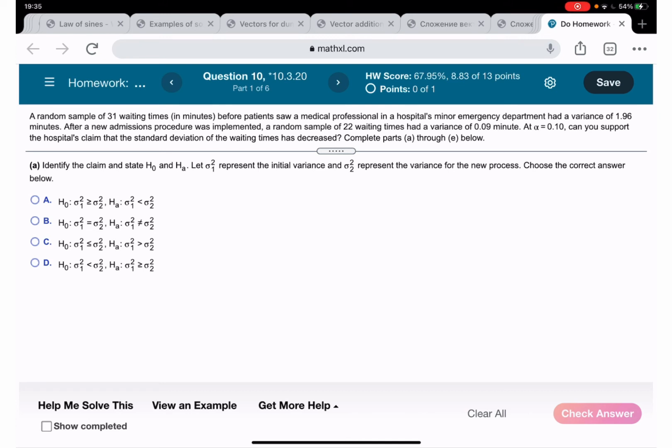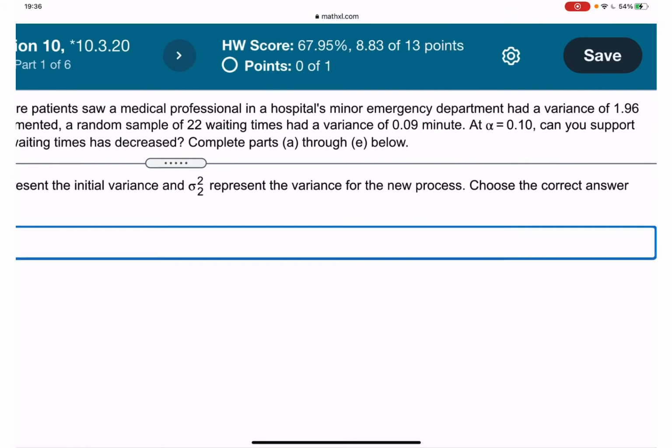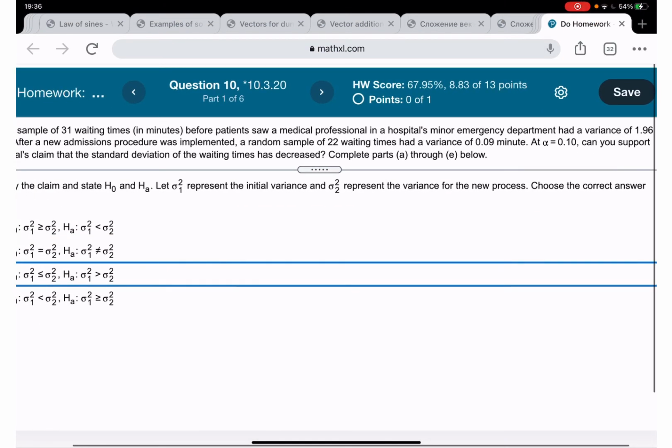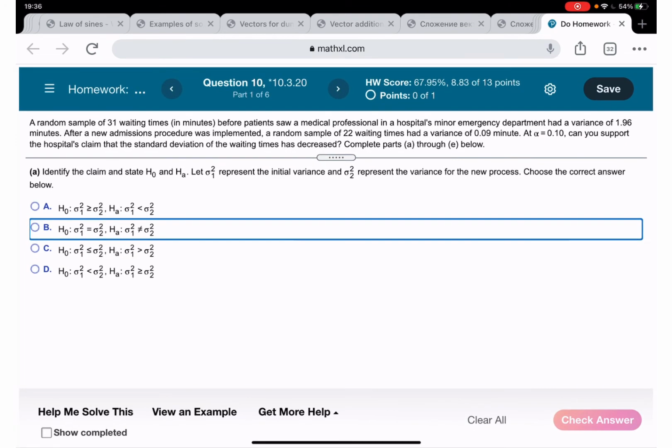Let's see which one is going to be sigma 1 squared and which one is going to be sigma 2 squared. Which one is the greater variance? The first one has variance 1.96, and the second one has variance 0.09.